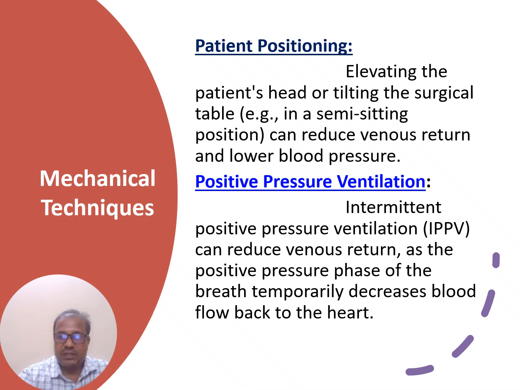Positive pressure ventilation also plays an important role in hypotensive anesthesia, because positive pressure ventilation increases the intrathoracic pressure. If the intrathoracic pressure is increased, venous return decreases and cardiac output decreases.